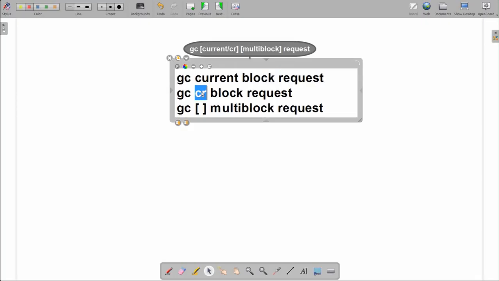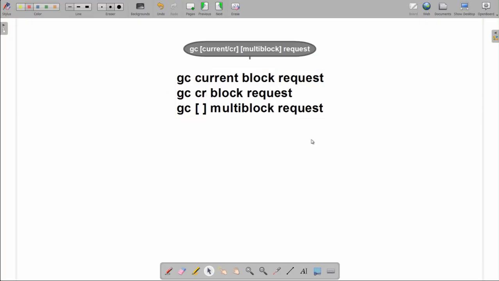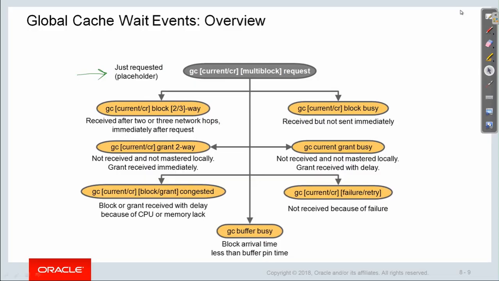I have no idea. So until the job is done, the request, which is a placeholder wait, will be reserved and used until the job is done. And once the job is done, you will see these kind of precise wait events.